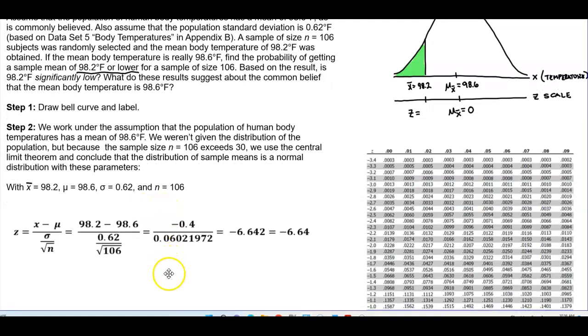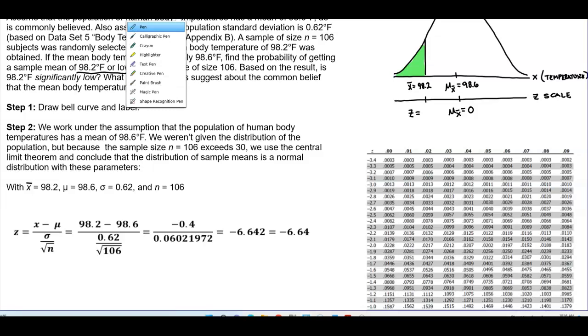And so we're going to plug these values into our formula. We have x, which is 98.2, and then we subtract the mean, which is 98.6, and divide that by the standard deviation divided by the square root of n, and n is 106.